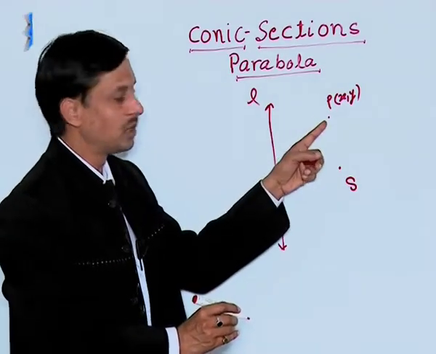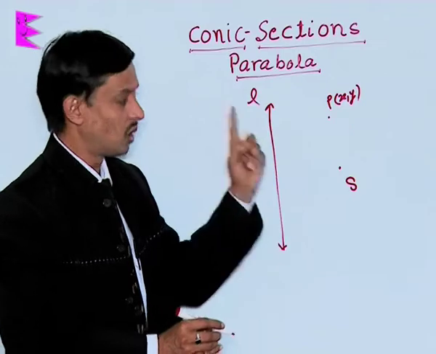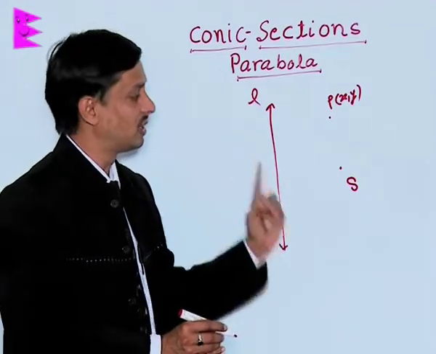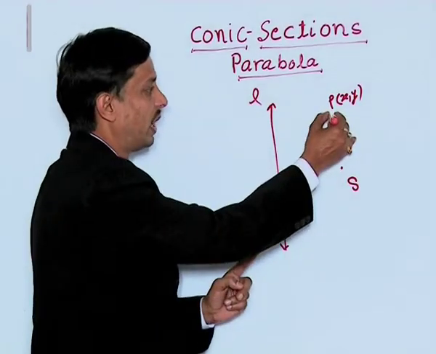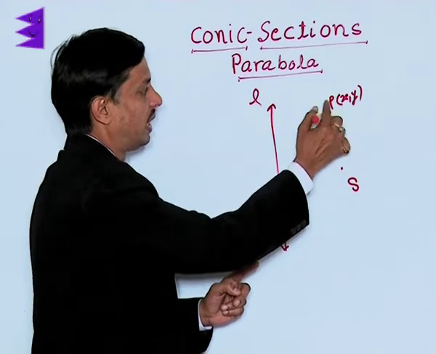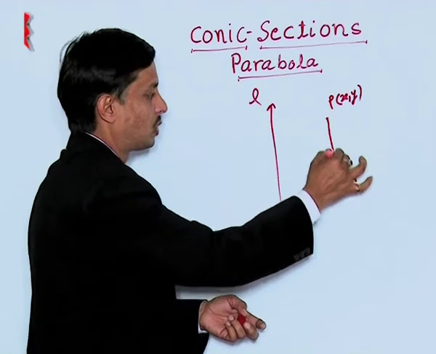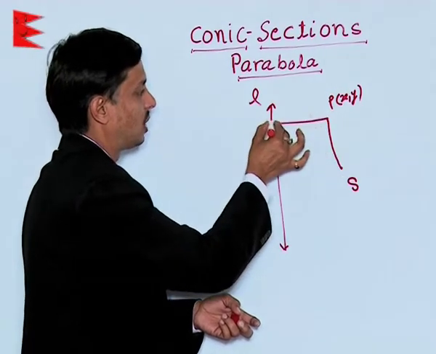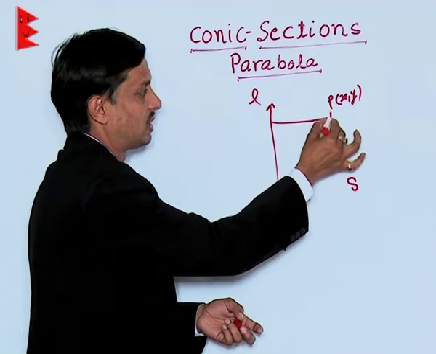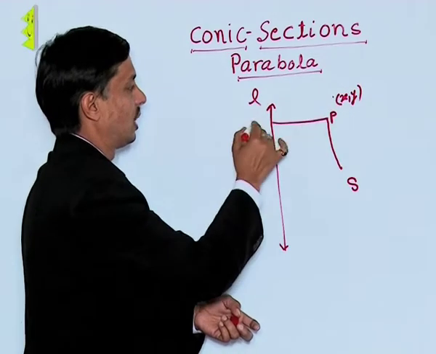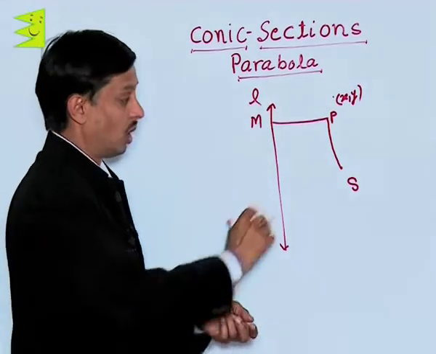So the locus of a moving point in a plane is such that it always bears a constant ratio of the distances from the fixed point and from the fixed line. This distance is PS and this distance is PM.